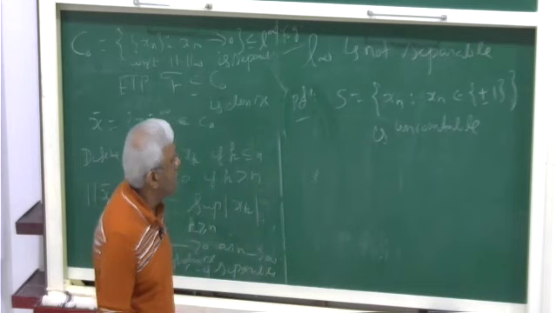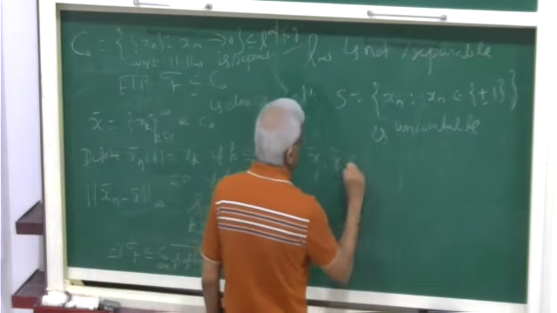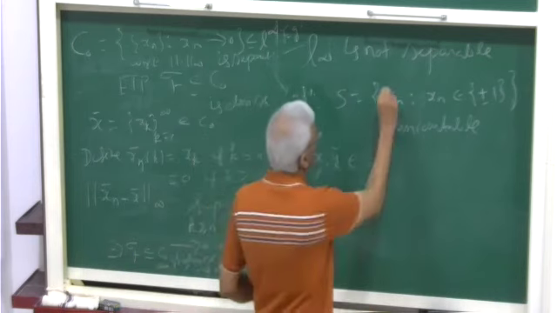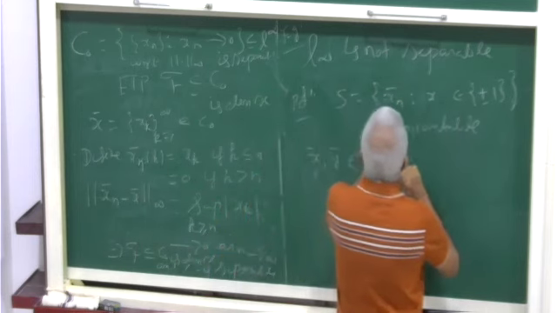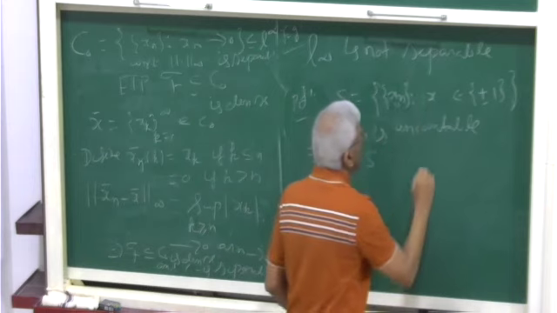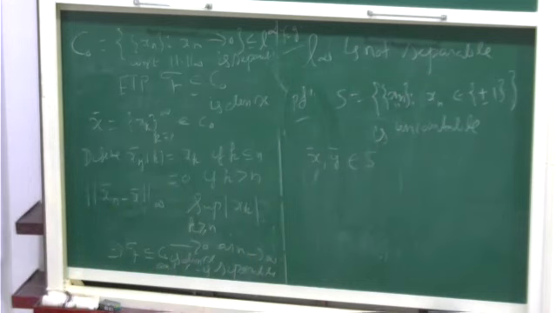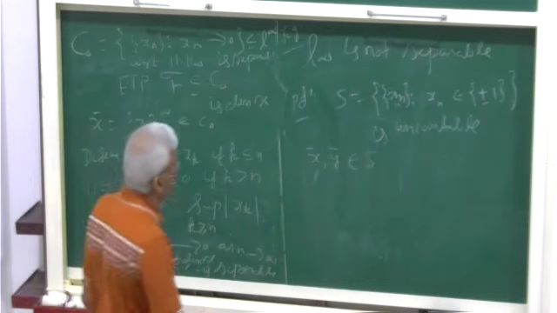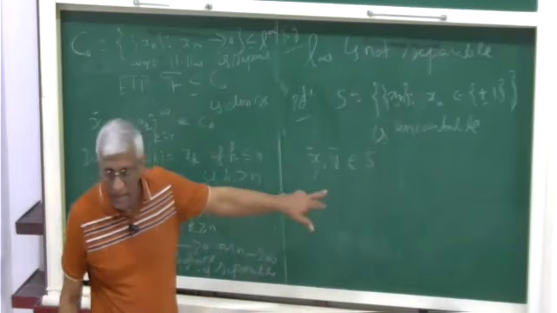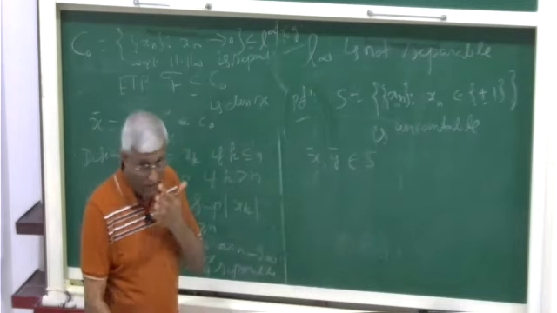Now, if you take any two elements x bar, y bar in S, these are just sequences with plus or minus 1, or 0, 1, whatever you want to consider.